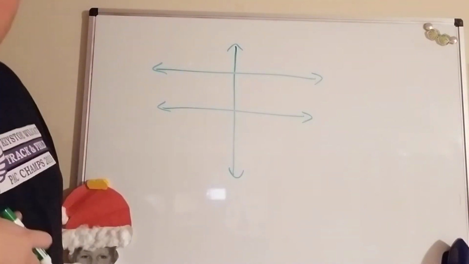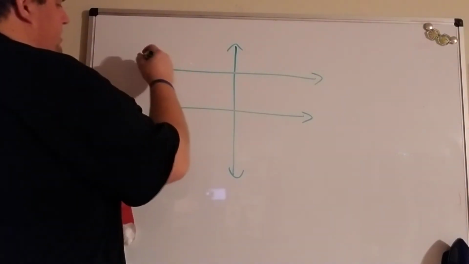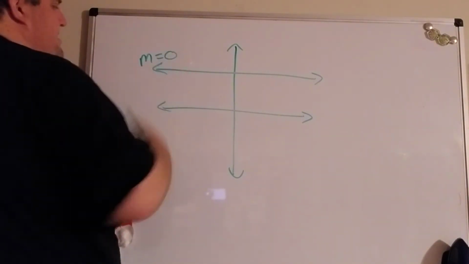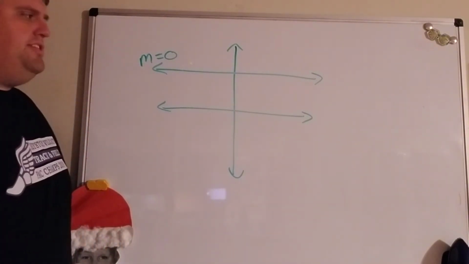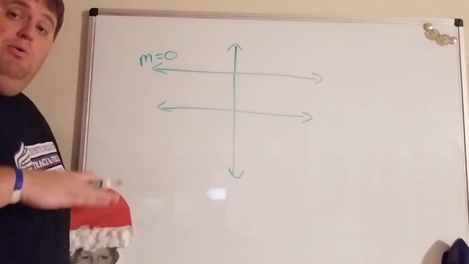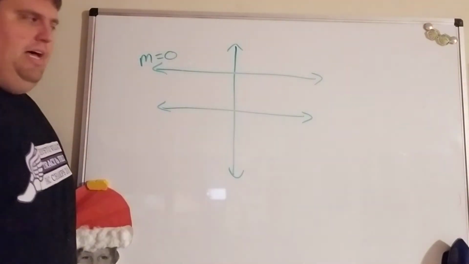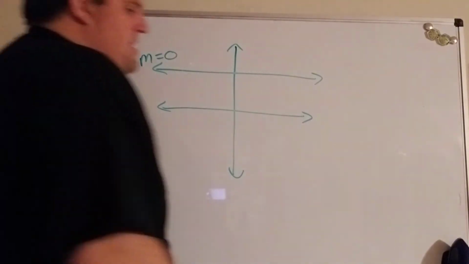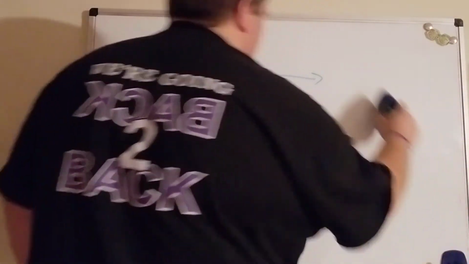It doesn't go up, it doesn't go down. So the slope of this line here is a slope 0. All right, so horizontal lines are going to have a slope 0. It's like the flat road. It's just completely flat. So therefore the slope's going to be 0.